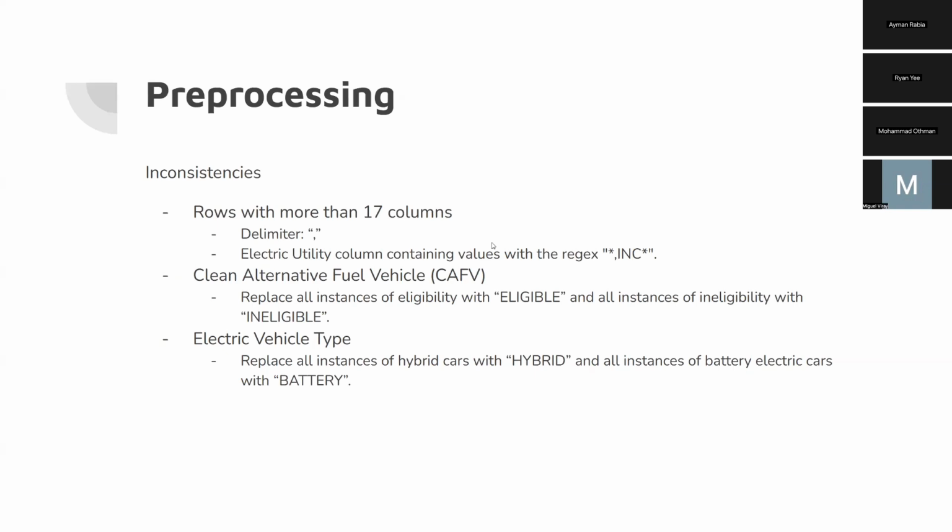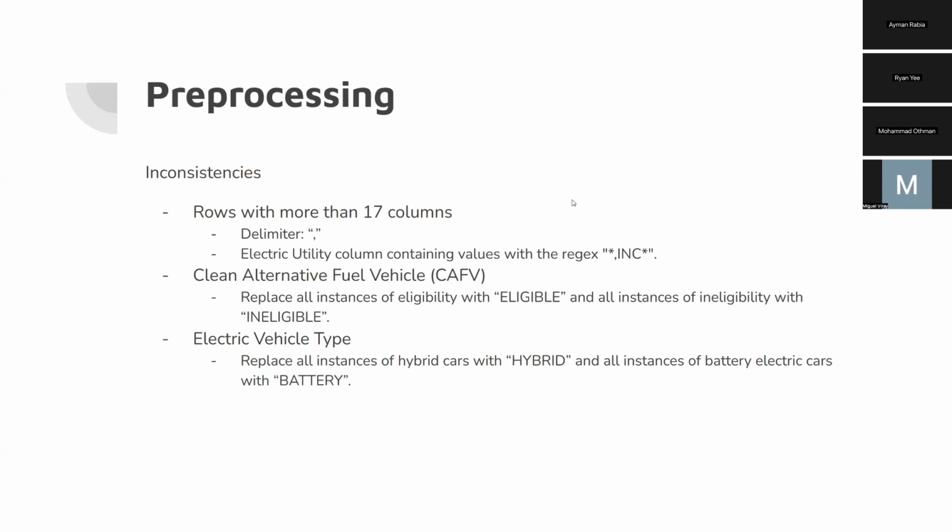So we just had to replace this regex with a blank string, and that fixed the problem. For clean alternative fuel vehicle, we standardized this by replacing any eligibility with eligible and any instance of ineligibility with ineligible.